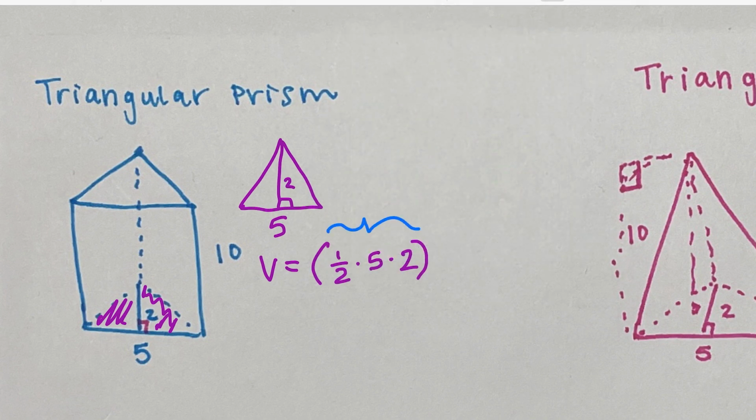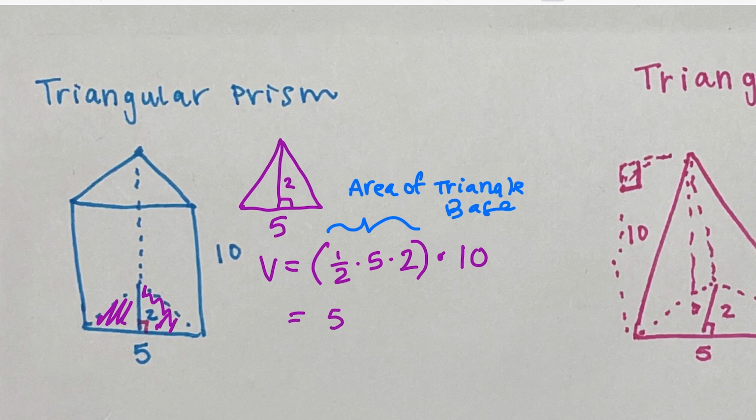This part right here is just the area of the triangle base. Then we multiply by the height of the whole prism, which is 10. So 1/2 times 5 times 2 is just 5, and 5 times 10 gives us 50 units, again to the 3rd power.